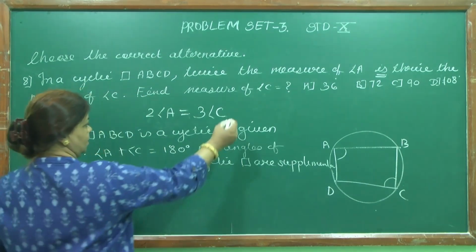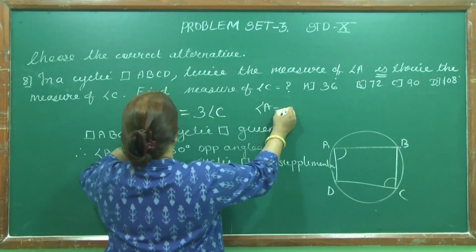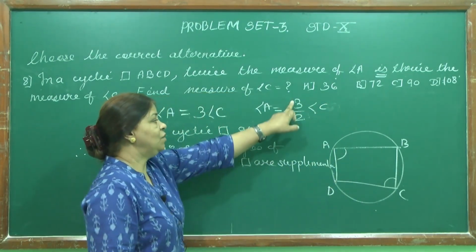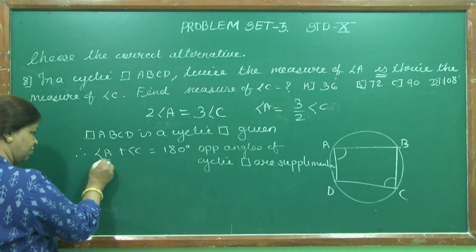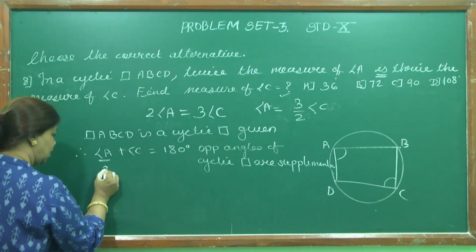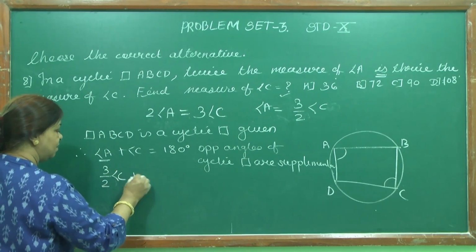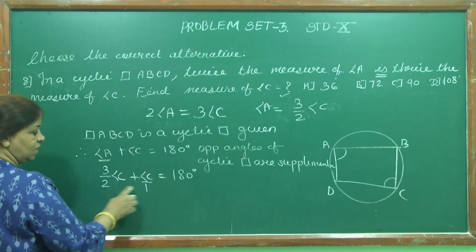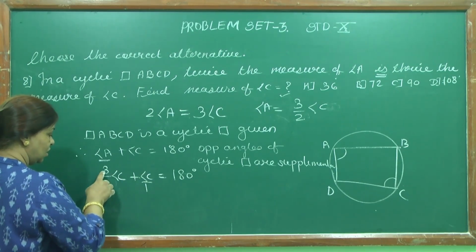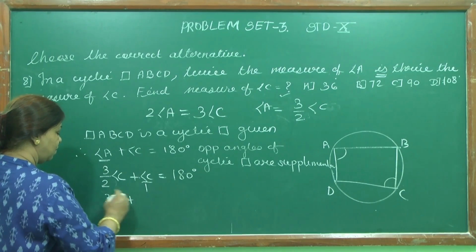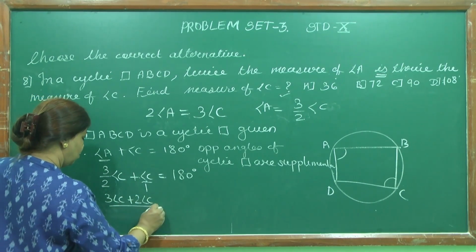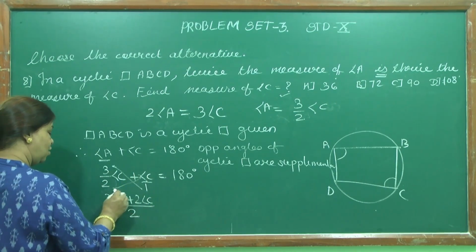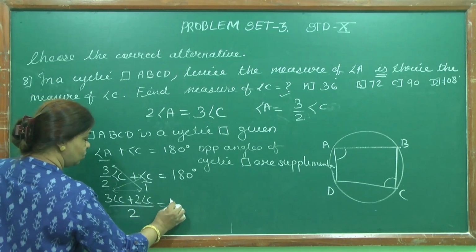Now, if I know this, I can do modification over here. Angle A is equal to, shifting the 2, 3 upon 2 into angle C. Now A value is 3 upon 2 angle C. So in place of A, I can place this value. 3 upon 2 of angle C plus angle C is equal to 180 degrees. Now there is nothing in the denominator, so I can do cross multiplication. 3 times angle C plus 2 times angle C upon 2 into 1 is equal to 180.